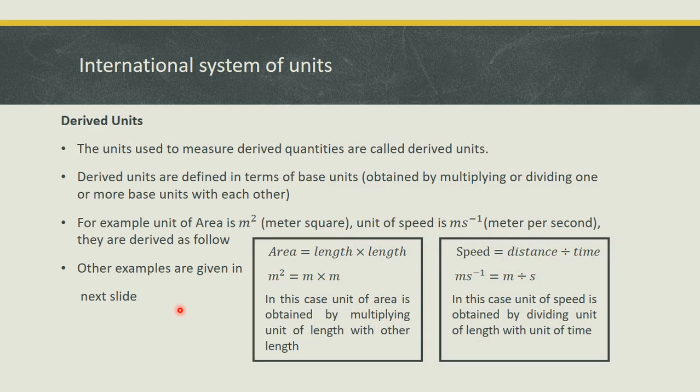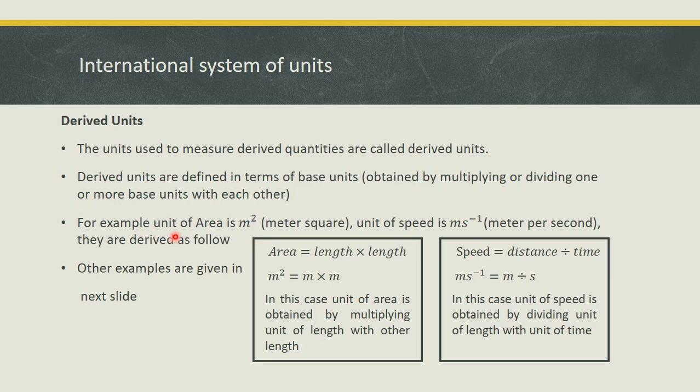Those units which are used to measure the derived quantities are called derived units. Derived units are defined in terms of base units. Of course, like I said, derived quantities are those quantities which are derived from the base quantities. Similarly, derived units are also derived from the base units, and they are obtained by multiplying or dividing one or more base units with each other.